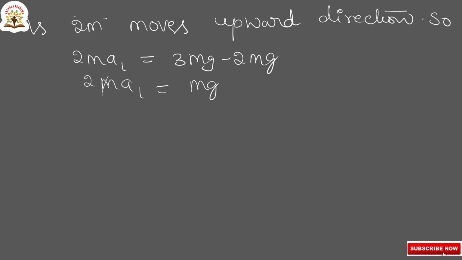Here m cancels, and a1 is equal to g by 2.